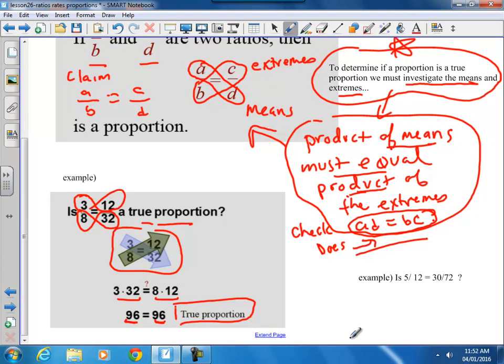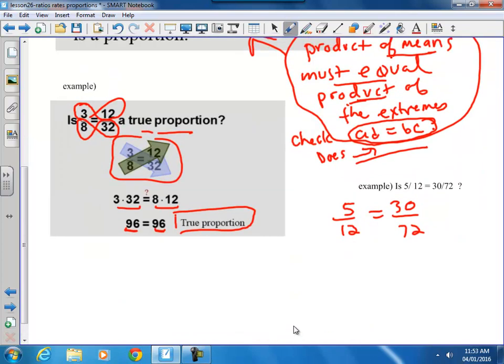Let's try this one over here on the side. I'm going to rewrite it. Is 5 over 12 equal to 30 over 72? And by the way, some of you might say, well, gee, 5 times 6 makes 30 and 12 times 6 makes 72, so yes, but we're looking at it in a different way because it's going to lead us into algebra in a moment.